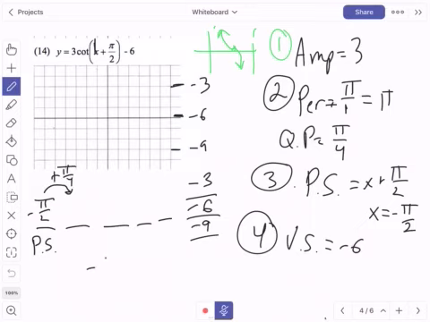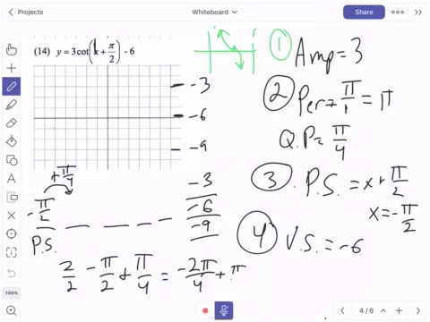So we're going to do negative pi over 2 plus pi over 4. The way we find it, we've done this before. We multiply it by those values, so we'll get negative 2 pi over 4 plus pi over 4. So that'll be negative pi over 4, then 0, then pi over 4, and pi over 2.